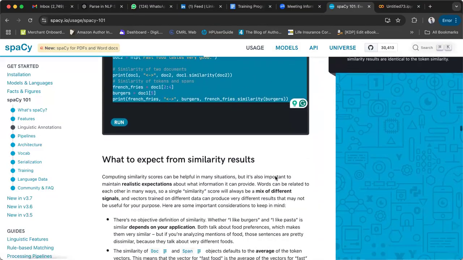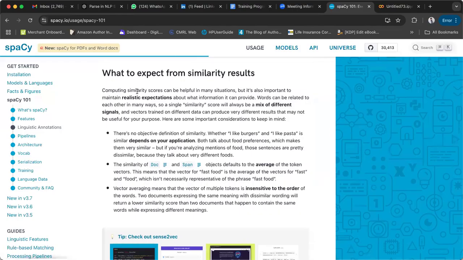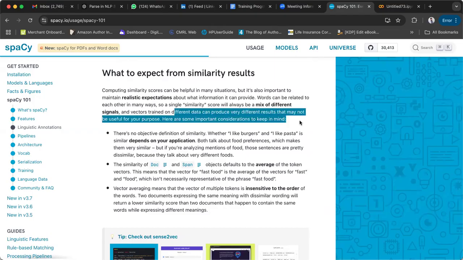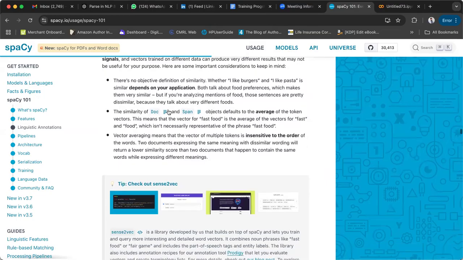What to expect from similarity results? Computing similarity scores can be helpful in many situations, but it's also important to maintain realistic expectations about what information it can provide. Words can be related to each other in many ways, so a single similarity score will always be a mix of different signals. Vectors trained on different data can provide very different results. There is no objective definition of similarity.